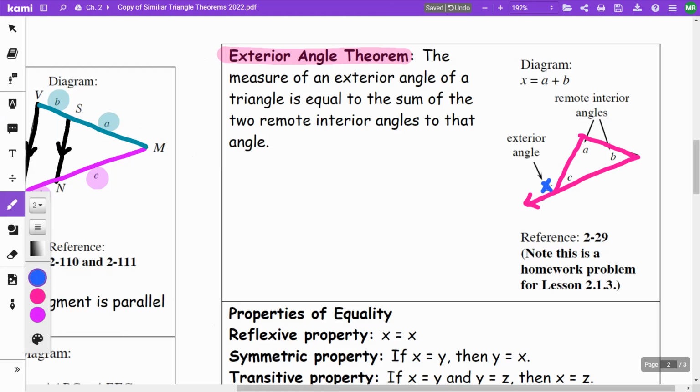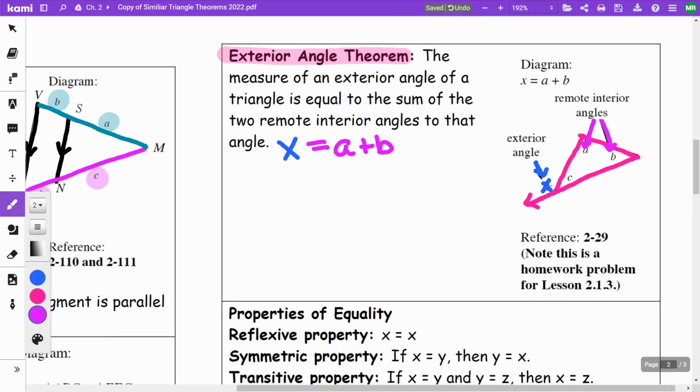And what is going to be true is that the exterior angle is going to equal the sum of our two remote interior angles. Okay. And again, this is our exterior angle. So X is going to equal the sum of the other two, which is going to be A plus B.